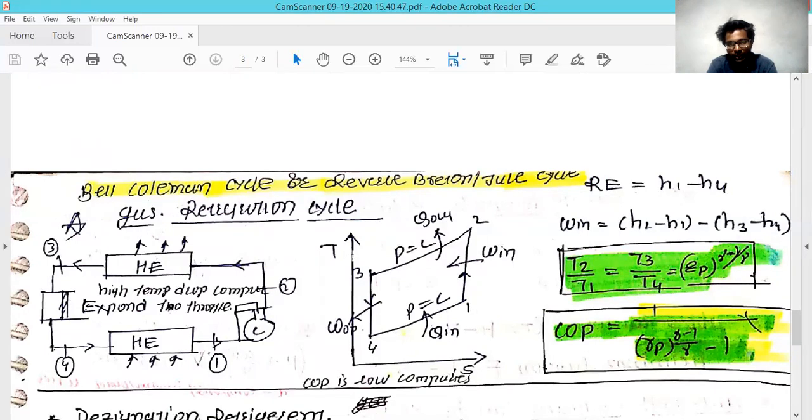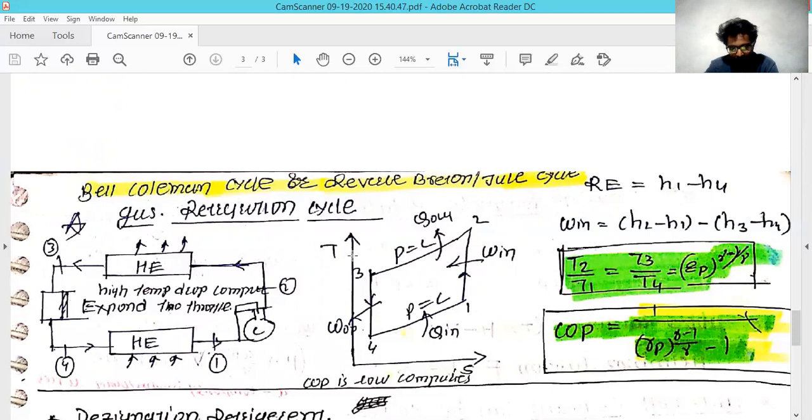The first and second conditions are nothing but the heat exchanger, which shows the constant pressure process, and in 3 to 4, the expansion work is taking place. In this process, you are getting work output.